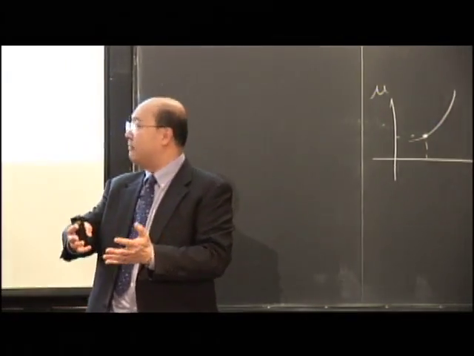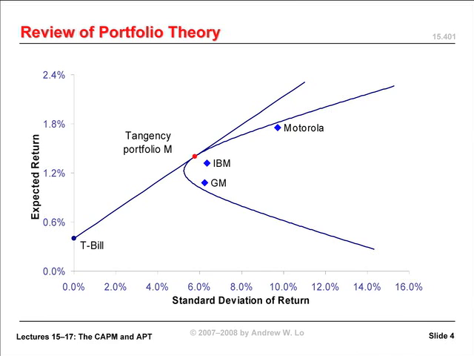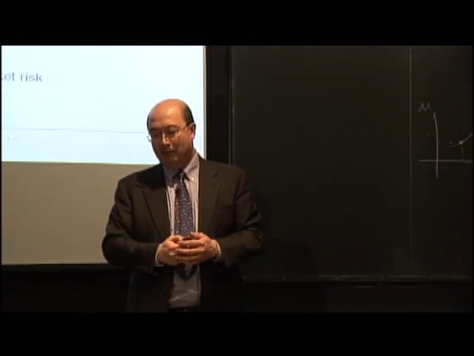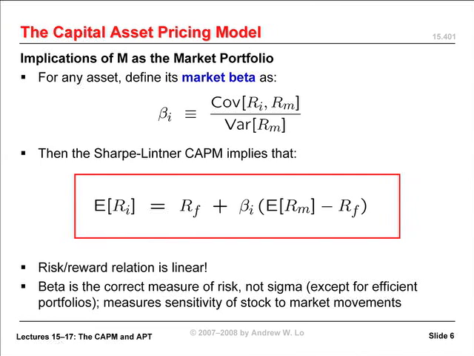But in fact, it drops out of this tangency portfolio argument, right? Nothing up my sleeve. This was an argument that we all did together, and we derived this curve from first principles. So this is really an astounding result, but it's even more astonishing that you get this result for all securities, not just for efficient portfolios. Okay, other questions?